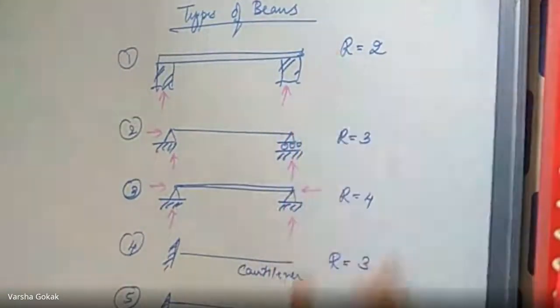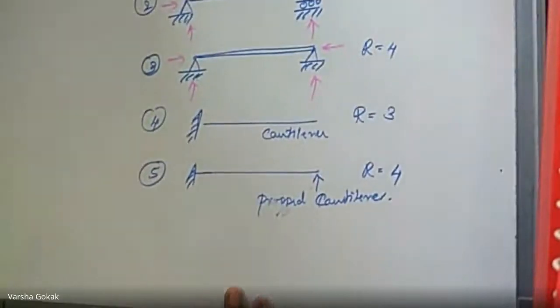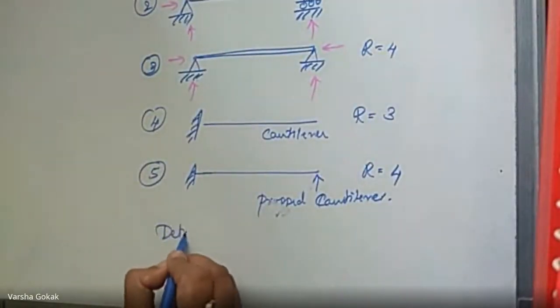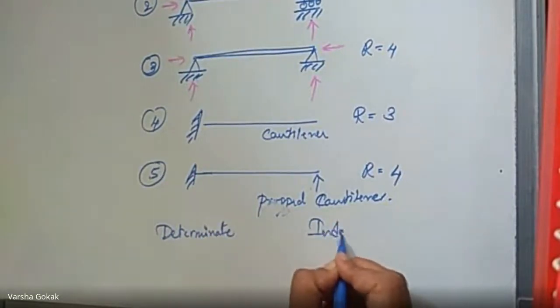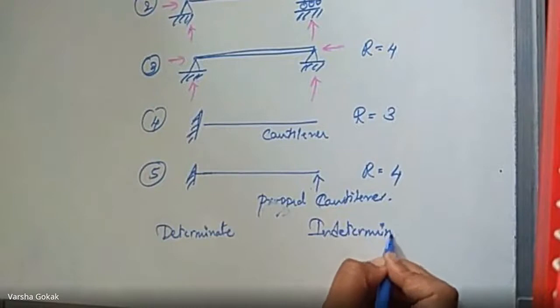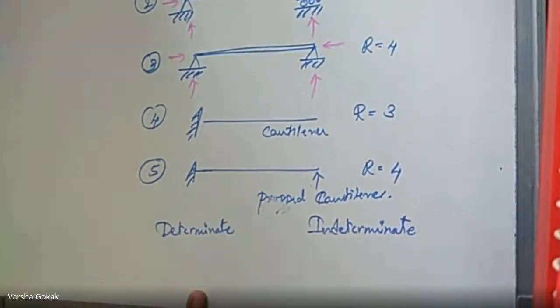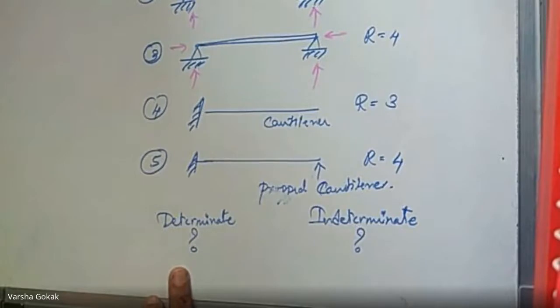Now, why I have written these is, yesterday we also discussed the definition of determinate and indeterminate. Can anyone recall? What is determinate and what is indeterminate? Determinate where we can find the reactions. Yes, correct. And indeterminate where we cannot find the reactions.